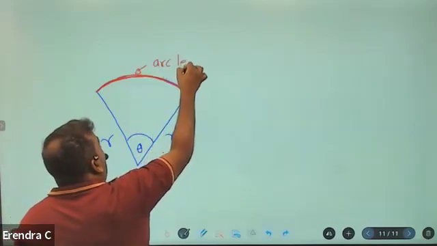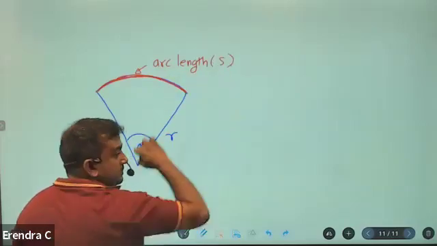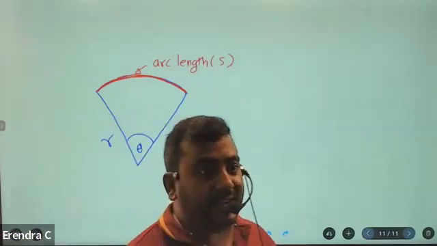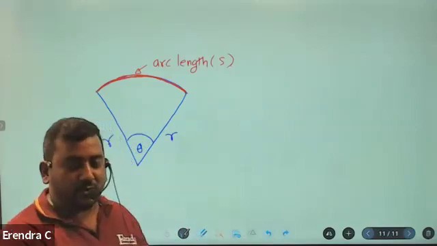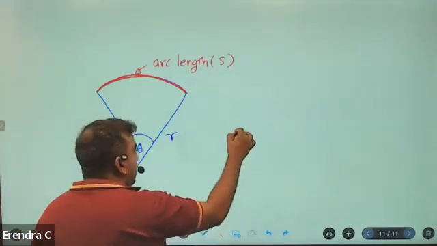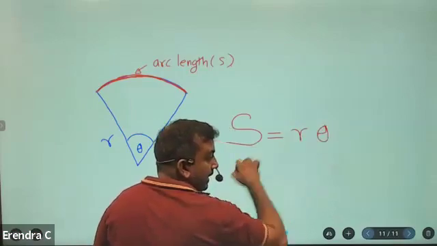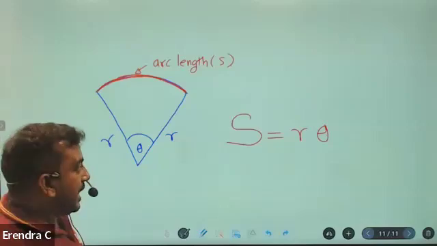This is called arc length. Symbol is S. What is the connection between radius, theta and arc length? Some of you all might not know. It's okay. The connection is S equals R theta.